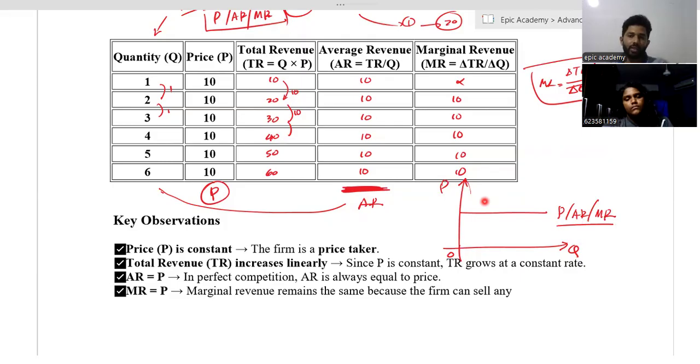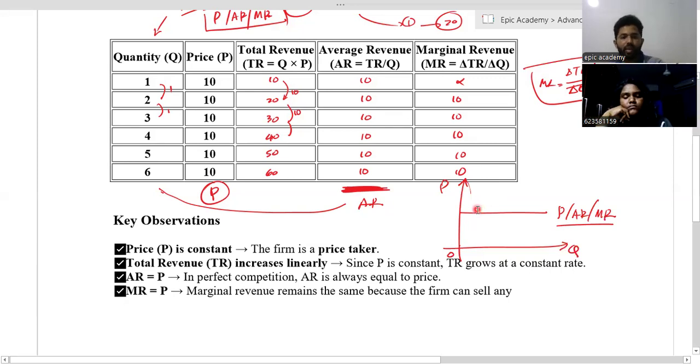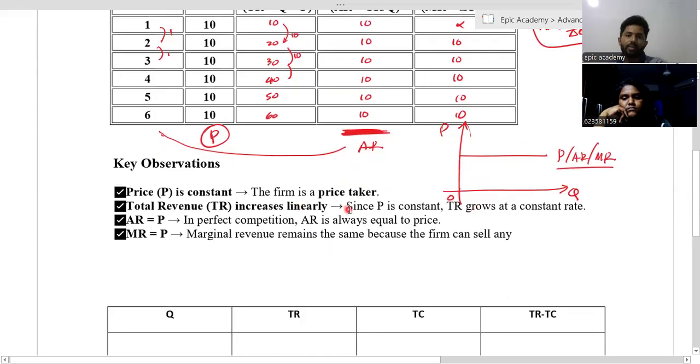If the question provides information related to AR, you have to identify that this is the price and this is the marginal revenue. It's very easy to find the profit maximizing point, where average revenue, marginal revenue, and price are equal under perfect competition, because firms act as price takers.